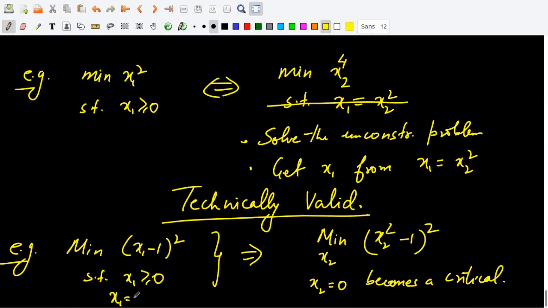Okay, so x1 equal to 0 is not a critical point, and it is possible that when I solve this problem, some algorithm may actually converge to x2 equal to 0, which will be a poor solution as compared to what we might get by solving this constrained problem.